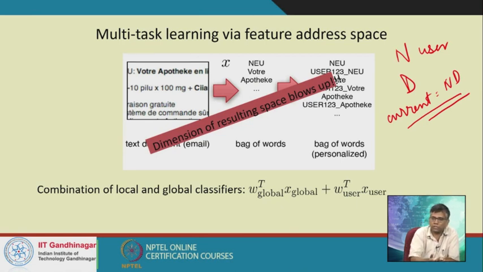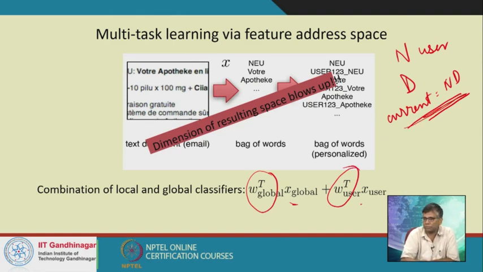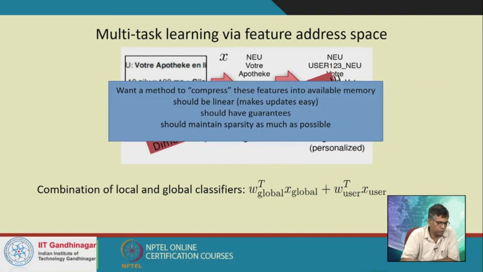This is potentially huge. While the emails are sparse, the vectors w are not necessarily sparse. So maintaining this vector w in this particular space is fairly expensive. Even maintaining a single w, which is what you really have to maintain in this space of size nd, is very, very expensive. It's impossible. So what can we do?